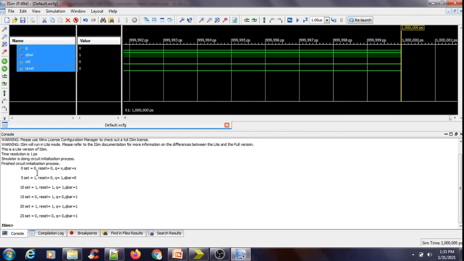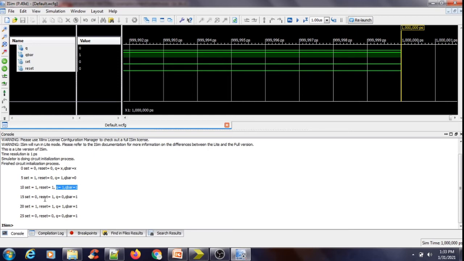That means when set equal to 0, reset equal to 0, initially q equal to x and q bar equal to x, that means it is invalid. When set equal to 1, reset equal to 0, q equal to 1, q bar equal to 0. When set equal to 1, reset equal to 1, q equal to 1, q bar equal to 1, can I say it is an invalid output?